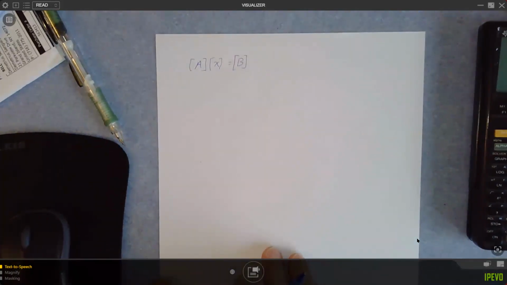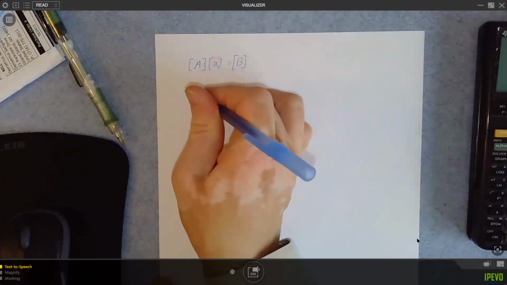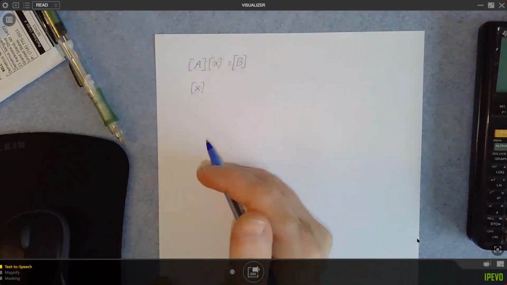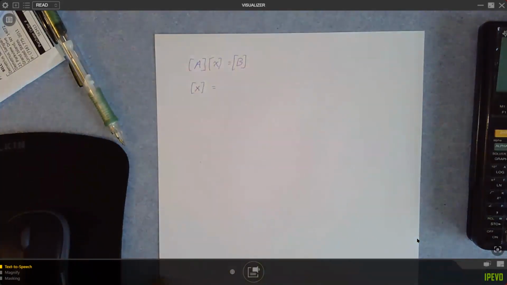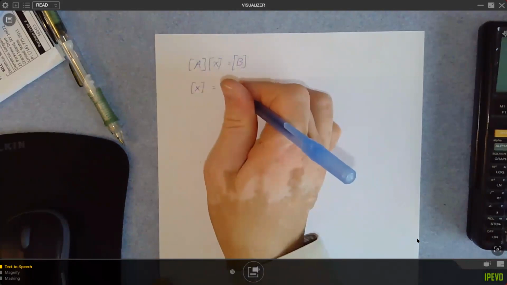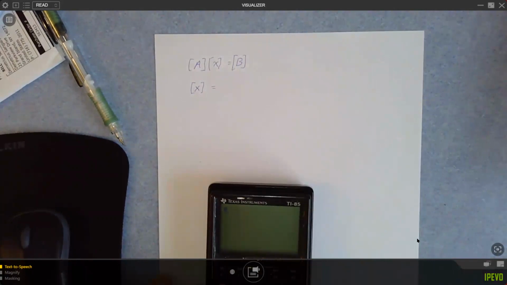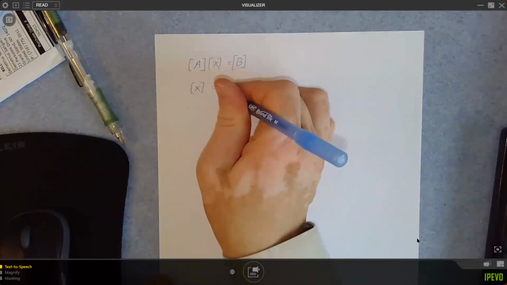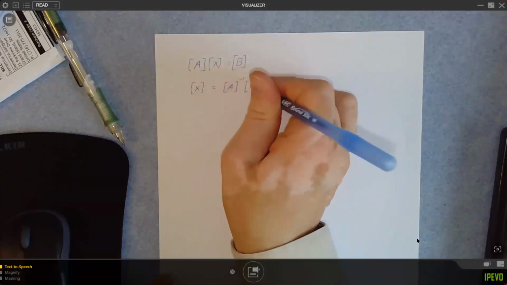And I'm writing these out with brackets just to indicate they're matrices. And you can find X. Now in matrices, we don't divide, we multiply by the inverted matrix. And you may have learned how to do a matrix inversion in pre-calculus. And this is basically the same as X equals the inverse of matrix A times matrix B.